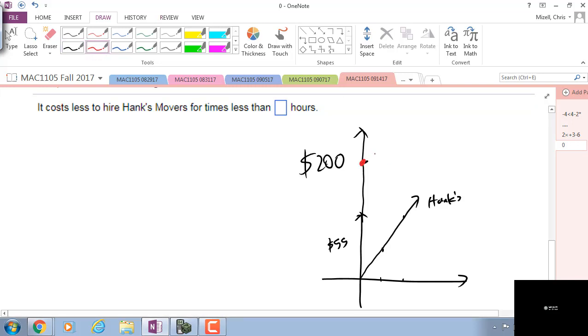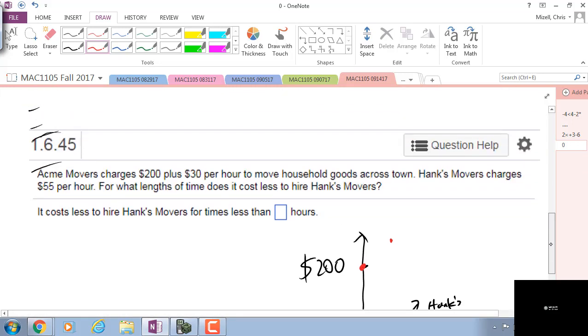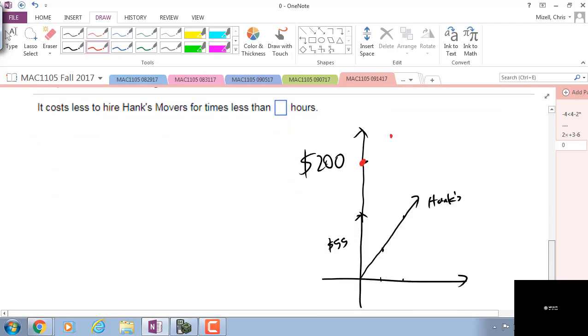So $200. But for the first hour it's $30, so $230, and for the next hour it's another $30, so $260. Maybe I don't want to make it quite that steep.